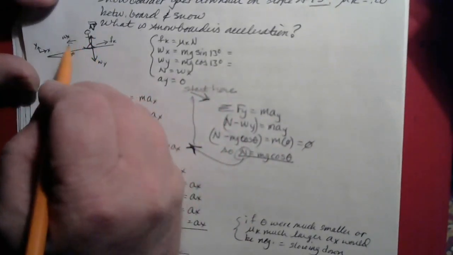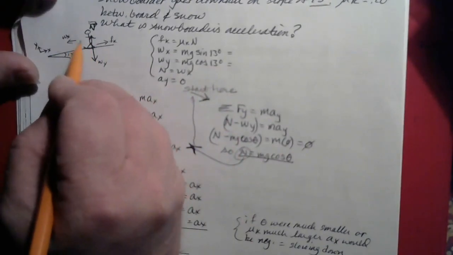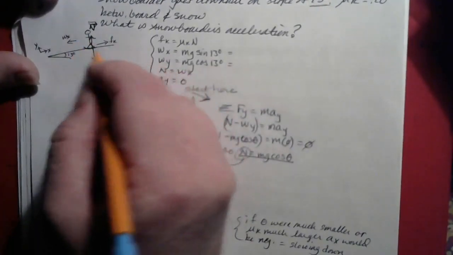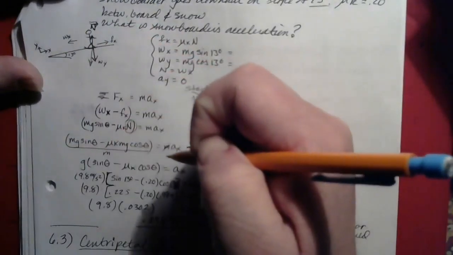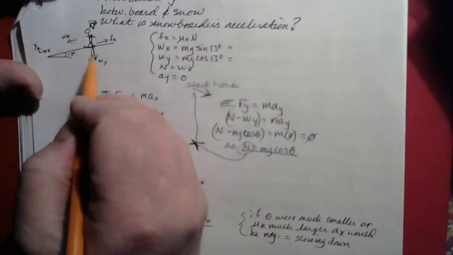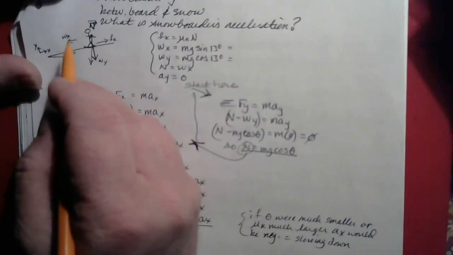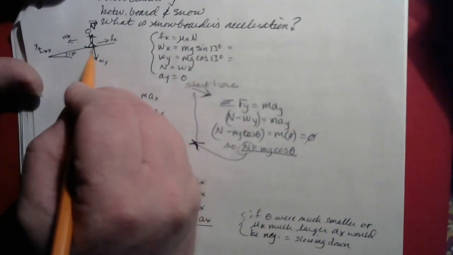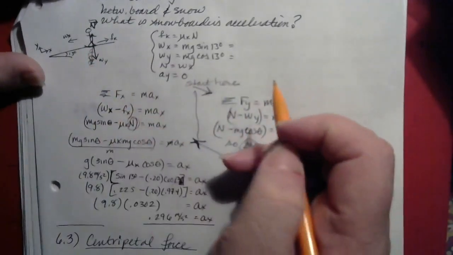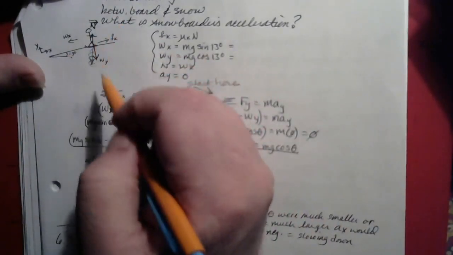Basically, the snowboarder's weight has a component in the x direction and a component in the y direction. The snowboarder's actual weight is pushing down toward the center of the earth, but what we really care about are the x component and the y component. So I'm going to cross out what I just drew there, and we'll go with the x and y components.